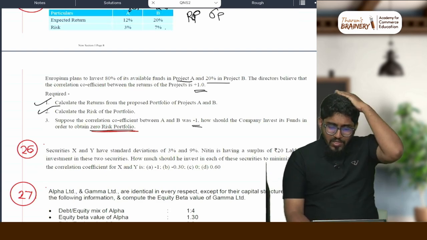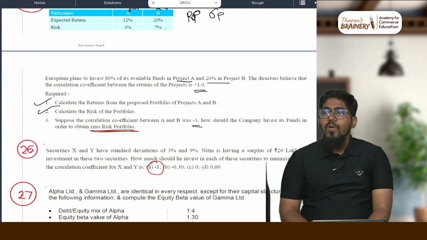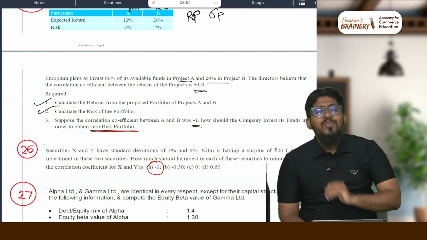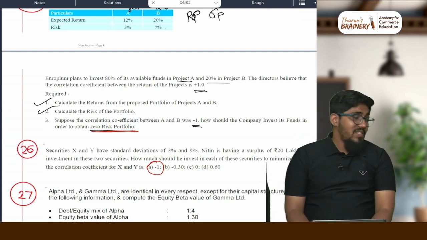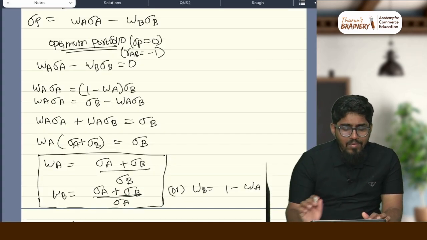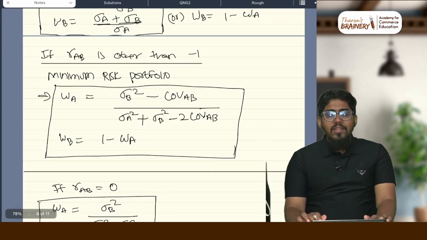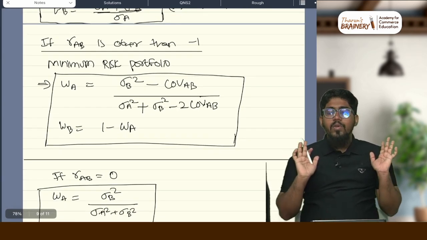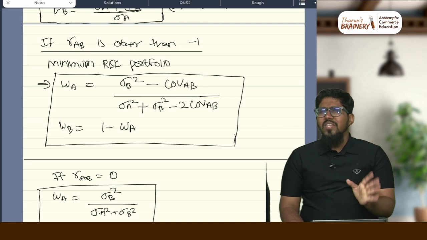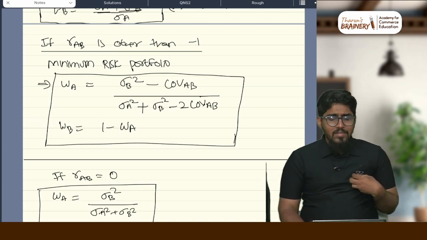Sir, now the question is, if it is -1, I know how to construct a zero risk portfolio. What if it is not -1? Understanding, sir? What if it is not -1? So we have another formula. See, if my correlation is other than -1, so my minimum risk portfolio is, just remember this formula. I am not discussing the logic for now, sir.